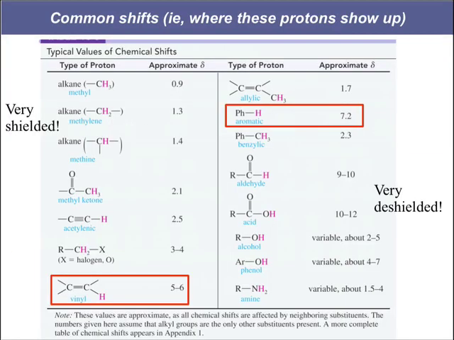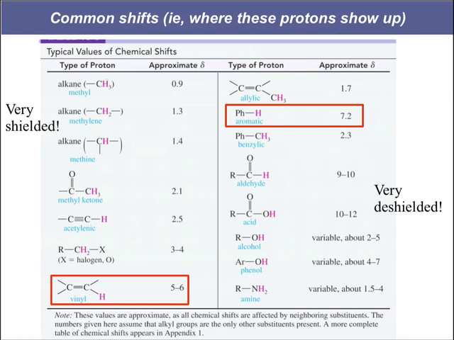Okay, so here is a great table from the Wade textbook that shows you common shifts for common functional groups. That is to say, these are where the protons show up relative to TMS on a NMR spectrum. We showed that methyl hydrogens absorb around 0.9.